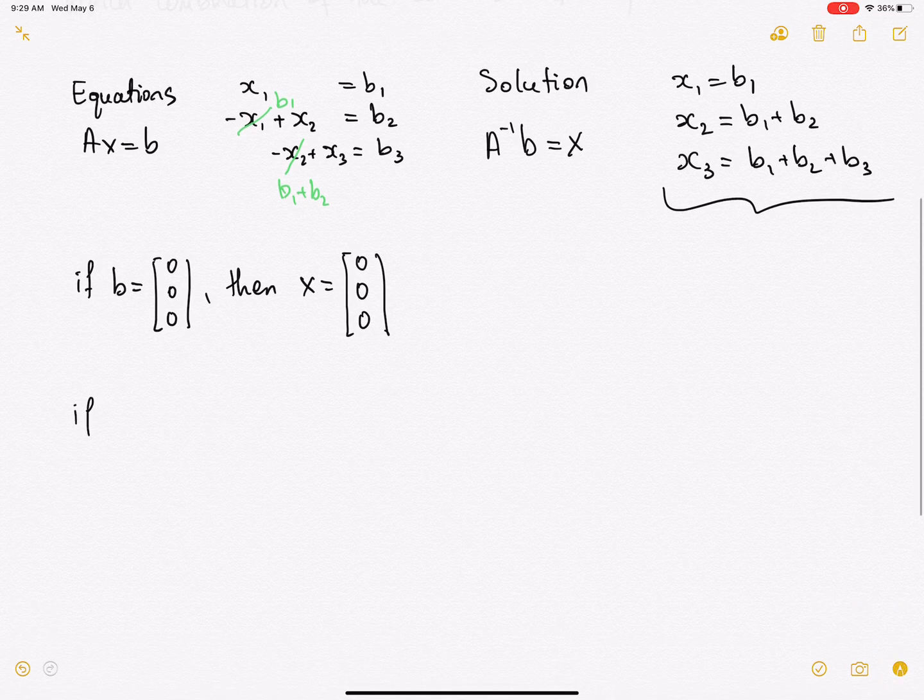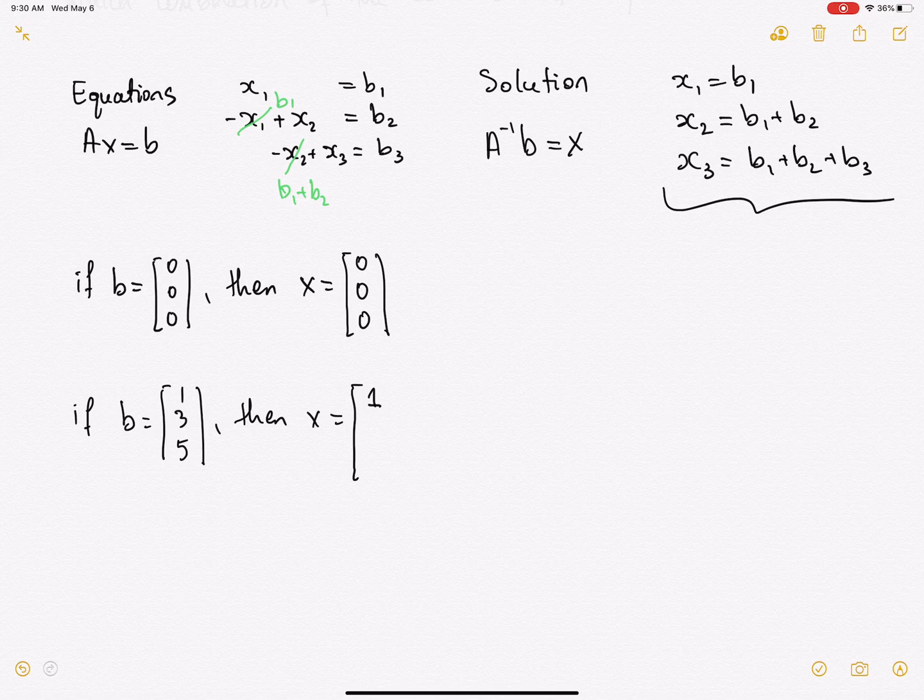If b equals 1, 3, 5, which we had in the previous video, then from the new formulas, we see that x1 is also b1, so that's 1. x2 is b1 plus b2, which is 1 plus 3. That equals 4.